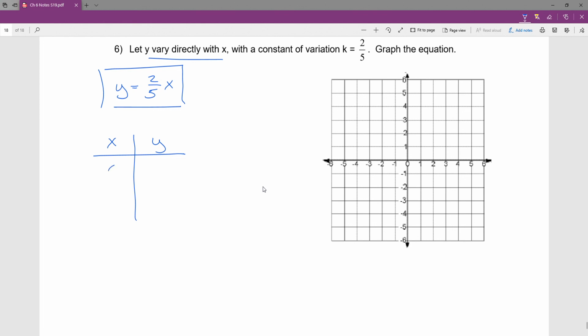Well, I'm going to be lazy and pick 0 and 5. Subbing that in, I'd have y equaling 2/5 times 0, or 0, and 0,0 is a point on my line. And subbing in the 5, I'd have y equaling 2/5 times 5, which is y equaling 2. So I'd have another point here at 5 and 2.